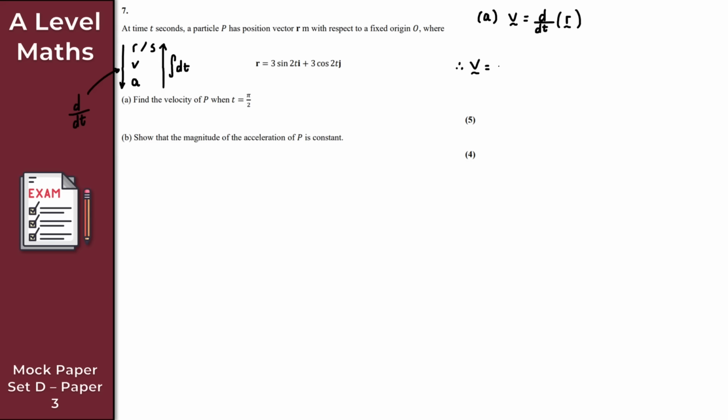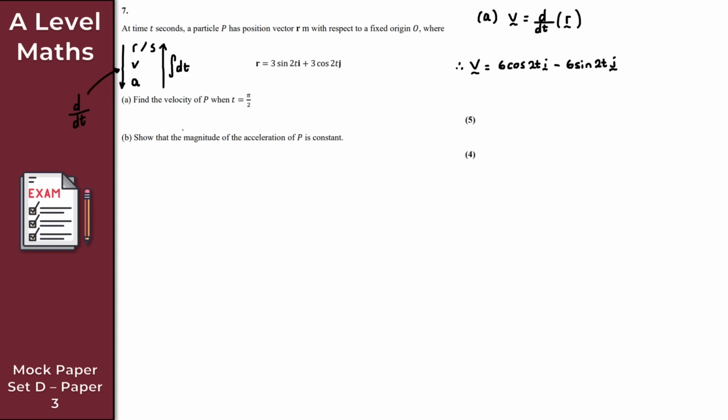So we get 6 cos 2t i there, like so. And then for this term here, so 3 cos 2t j, that will differentiate to give us minus 6 sine 2t j, like so. Okay, so this here then is the velocity vector for this problem.